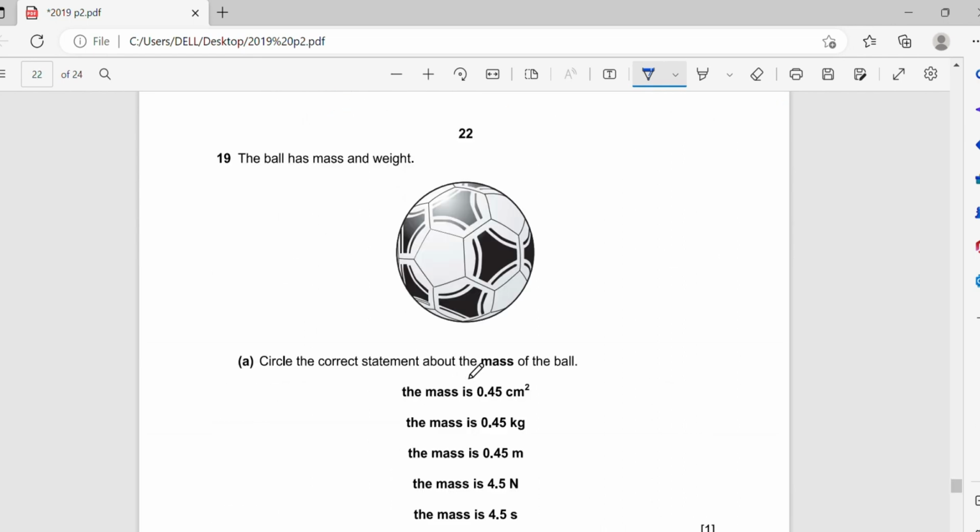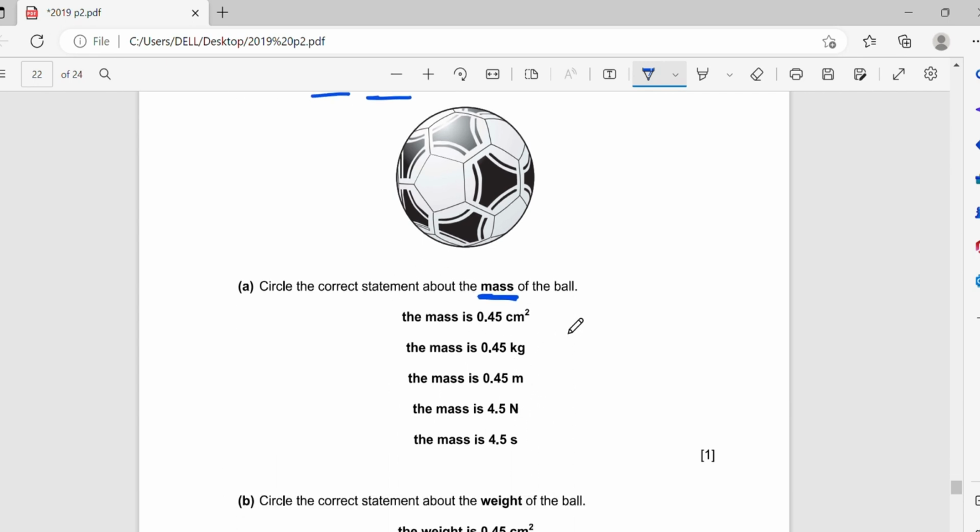Question 19. The ball has mass and weight. Circle the correct statement about the mass of the ball. Looking at the values, it is clear that the units of measurement are different.